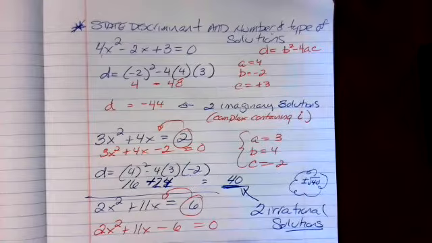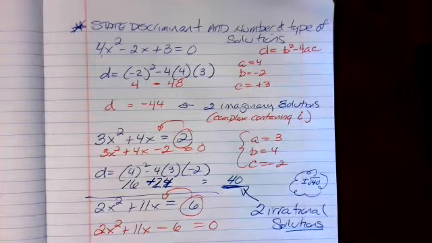So my discriminant is my B squared minus 4 times my A times my C. So D is equal to 11 times 11, I believe is 121, plus negative times negative is positive 8 times 6 is 48.